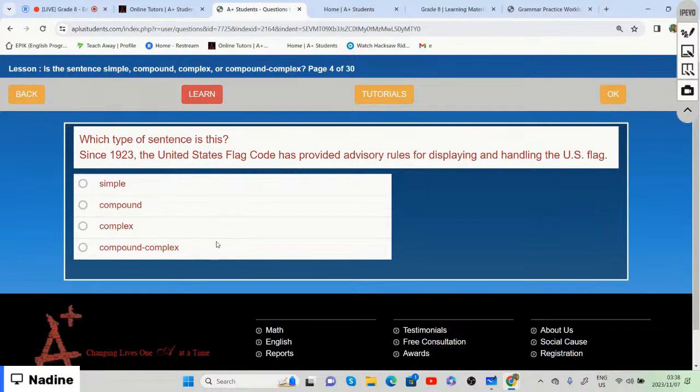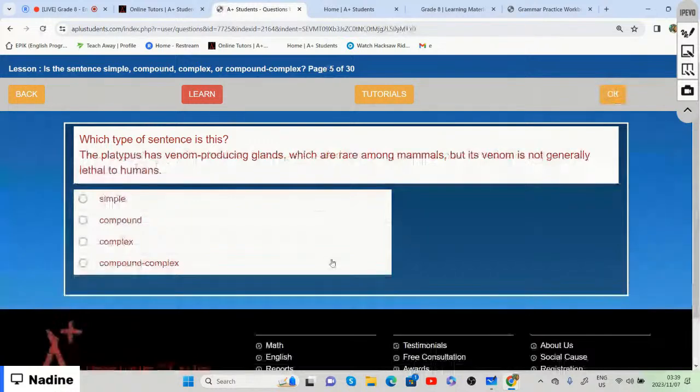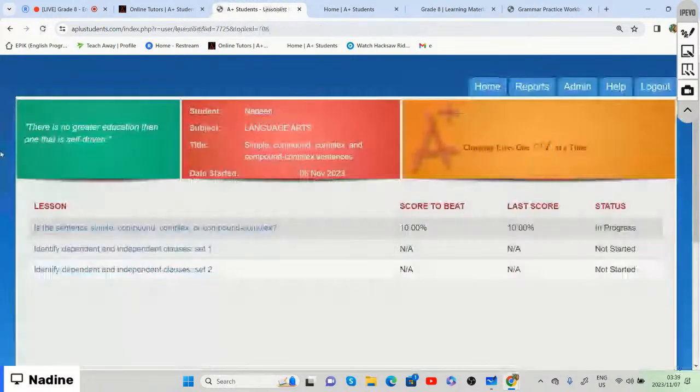So this is either a simple or a complex. The one that starts with a subordinating conjunction. Let's try complex. Oh, it's actually a simple sentence. So not having to worry about the start of that sentence, it's a simple sentence that stands on its own.